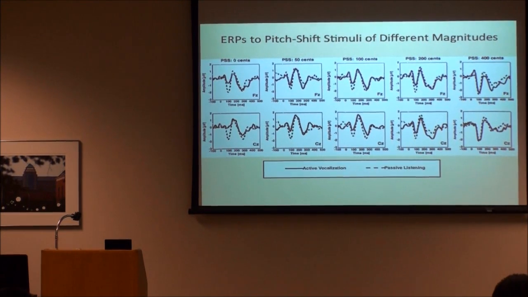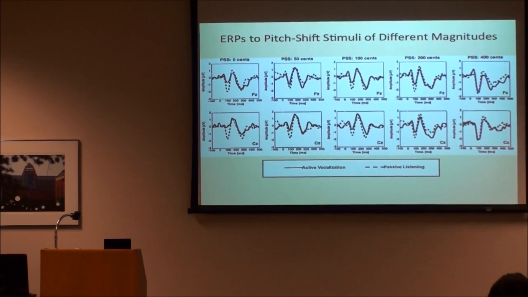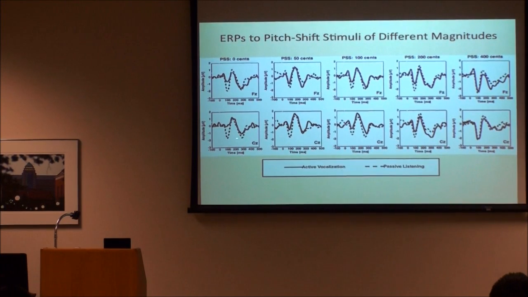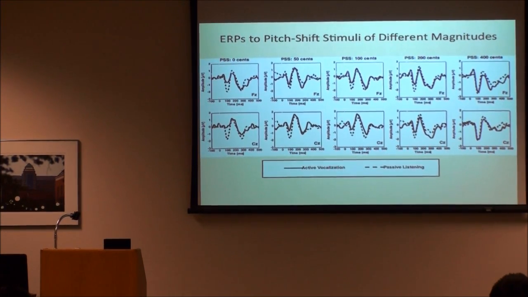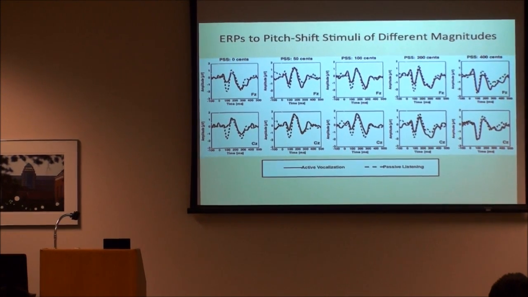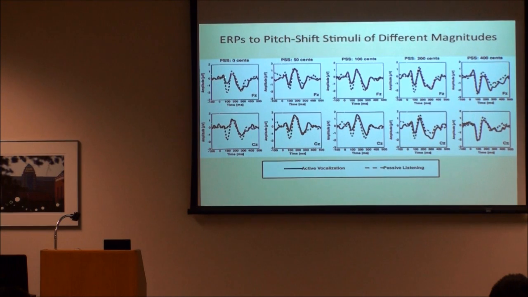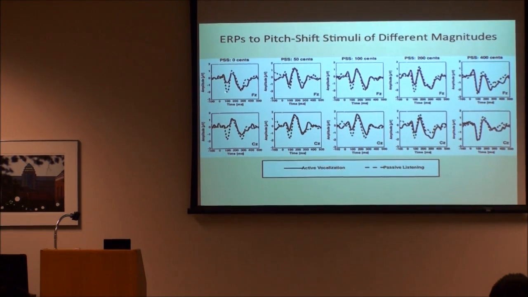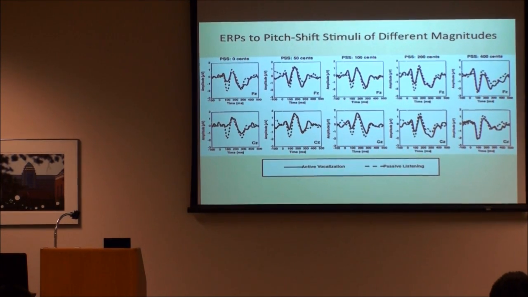And this slide shows EEGs, the top row from electrode FZ, frontal midline, the bottom row from central midline, and we have pitch shift to 0 cents, 50, 100, 200, and 400 cents. The dashed lines are the responses to passive listening, and the heavy solid lines are due to speaking.